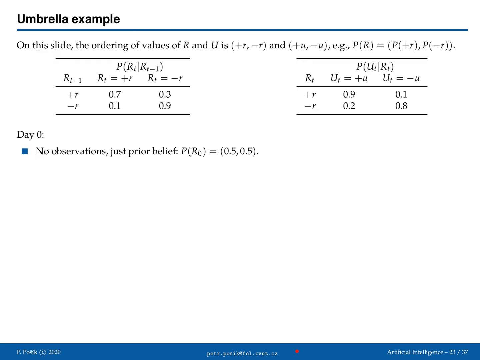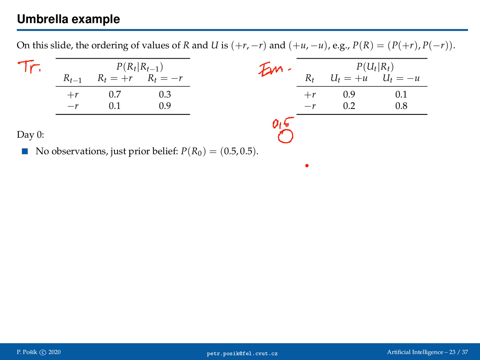So let's see the forward algorithm in action in the case of the weather umbrella example. This is the transition model, and this is the emission model that we already introduced a few slides ago. Let's look at day 0. We are in a state where we have the distribution of rainy and not rainy to be 0.5 to 0.5.